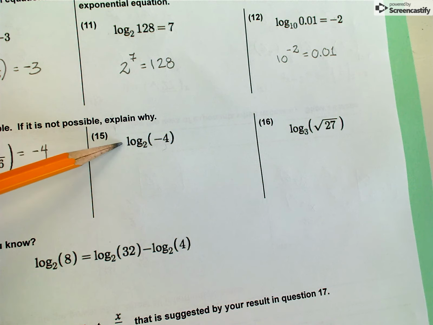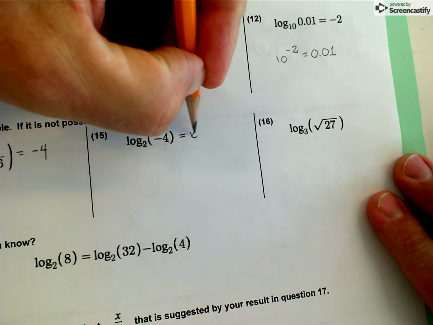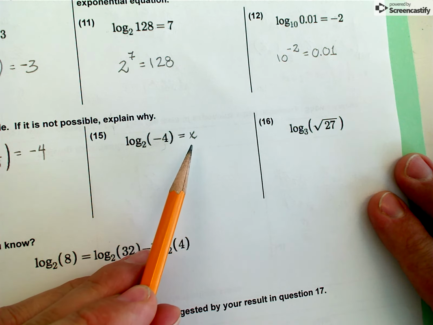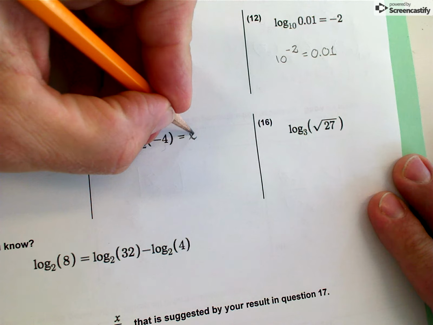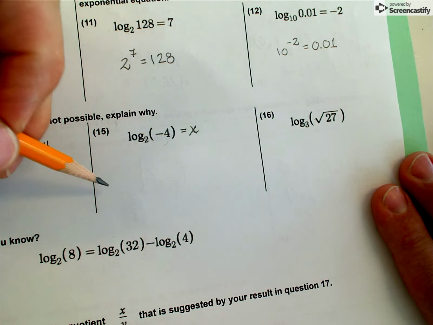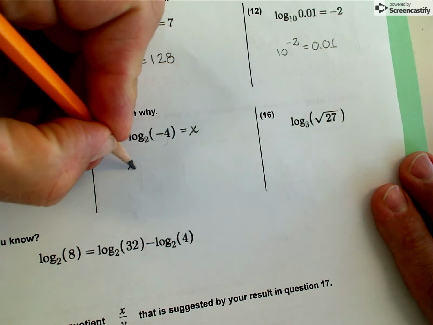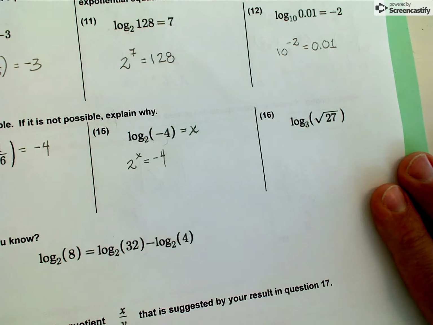I'm going to rewrite this expression as an exponential expression. Let's just imagine that this expression equals some value x, and we don't know what that value is, so we just give it a variable, or an unknown value of x. And if I rewrite this as an exponential expression, what I'm saying is 2 to the power of x equals negative 4.